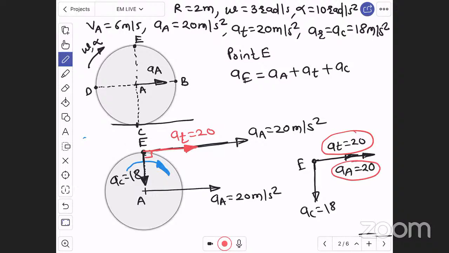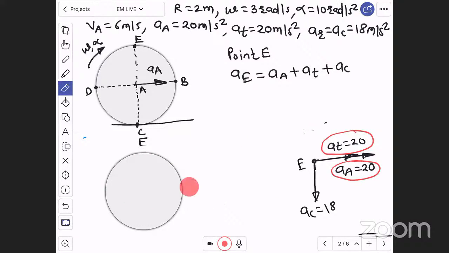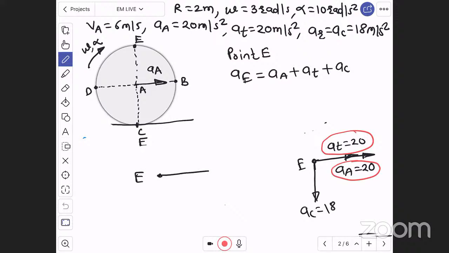Therefore, for point E, let us solve for point E. Here, this will be the point E, which is moving to the right with acceleration of A, which is 20, plus 20, of 40 magnitude, and in the downward direction of 18 magnitude, and they are mutually perpendicular.